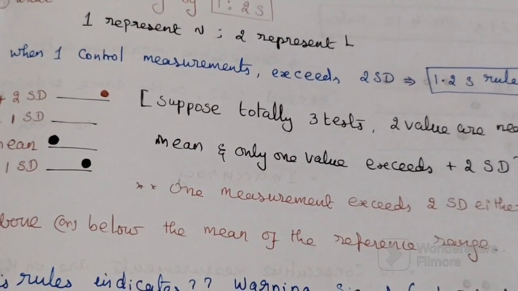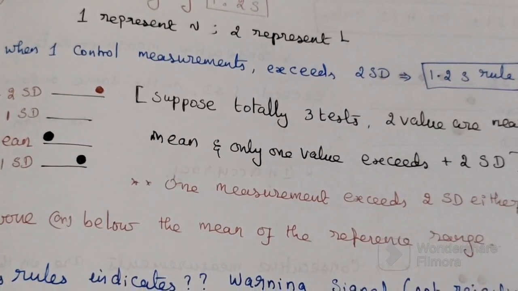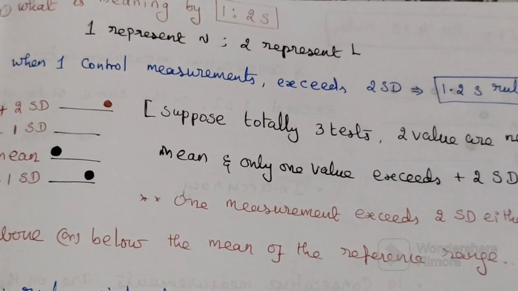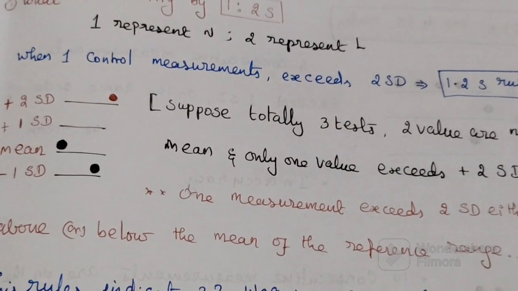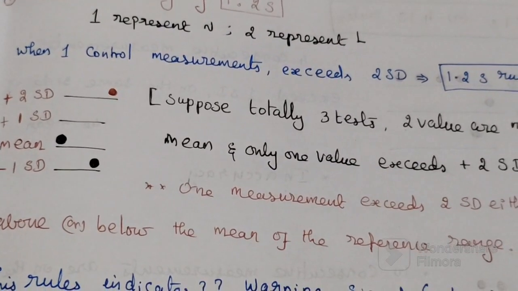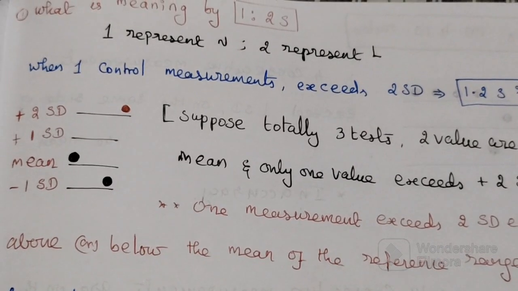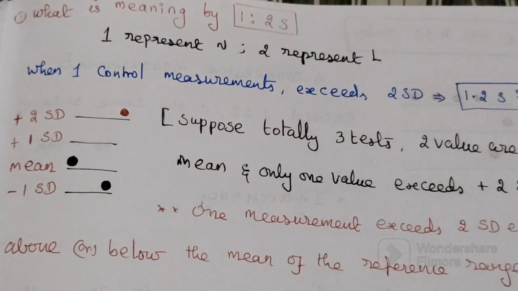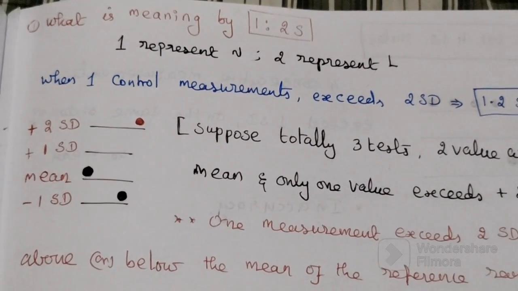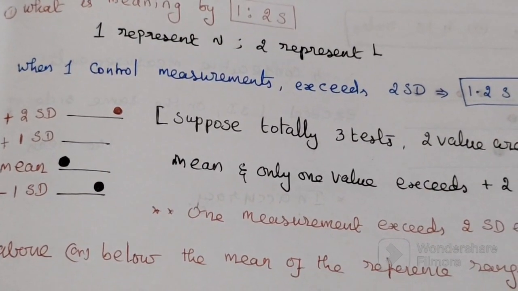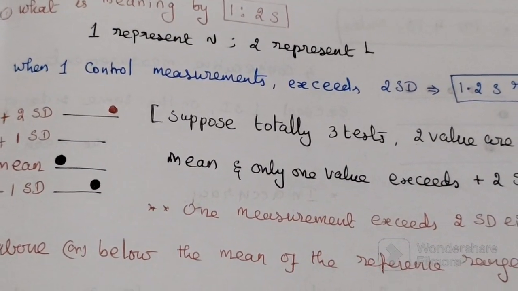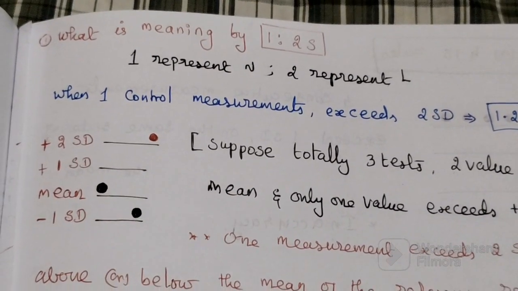So let's discuss the importance of each rule. First one is 1-2s. Already said, 1 means the number of control measurements, so here the number of control measurements is 1. It exceeds the 2 standard deviation.